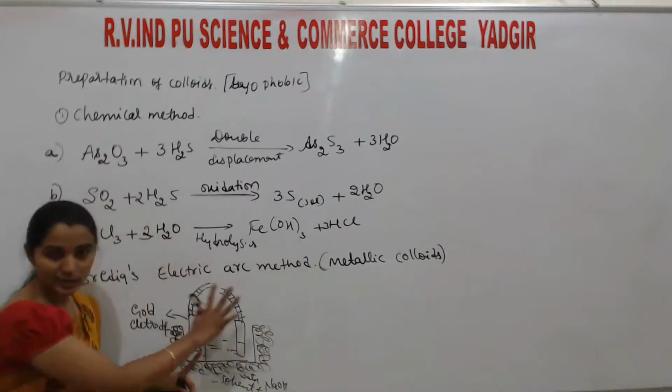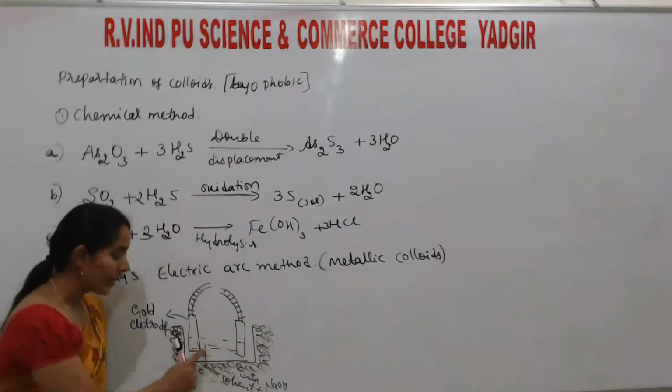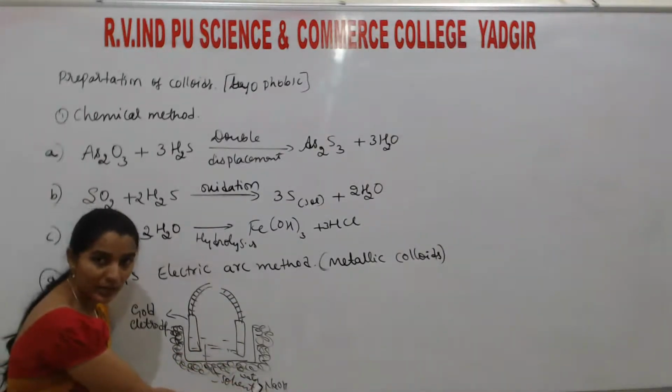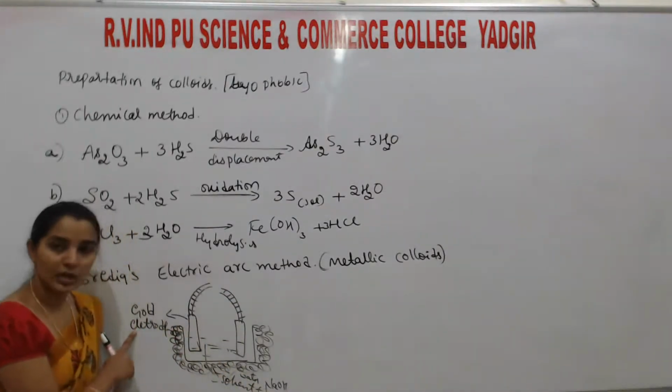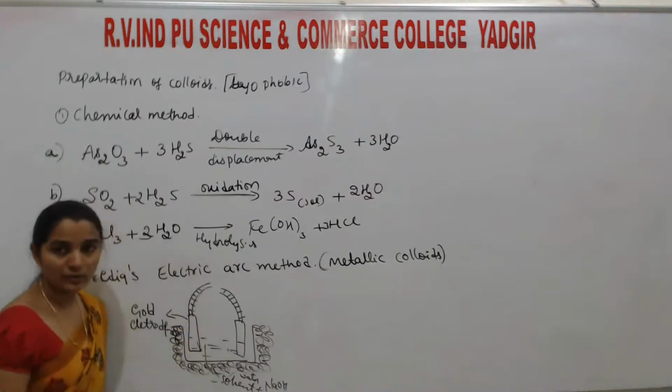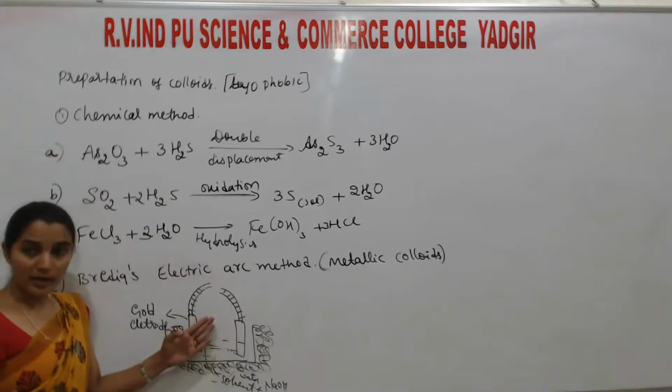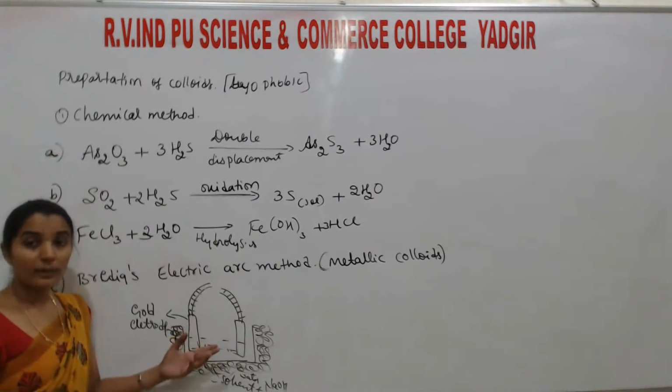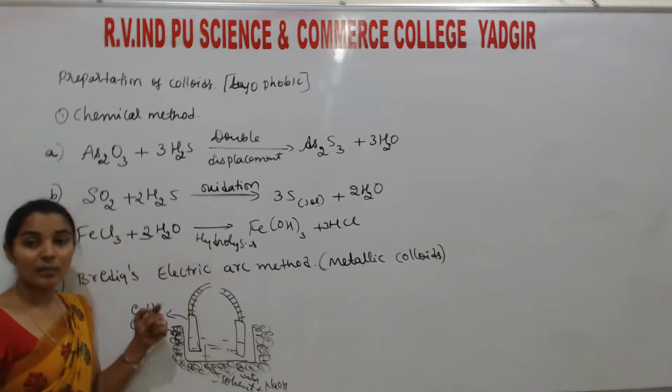So students, here this is the arrangement. Here the electrolyte is taken, that is solvent plus NaOH, and the electrodes are gold electrodes or silver electrodes, and here an electric arc is formed. When the current is passed through it, then what happens? There is an increase in temperature.